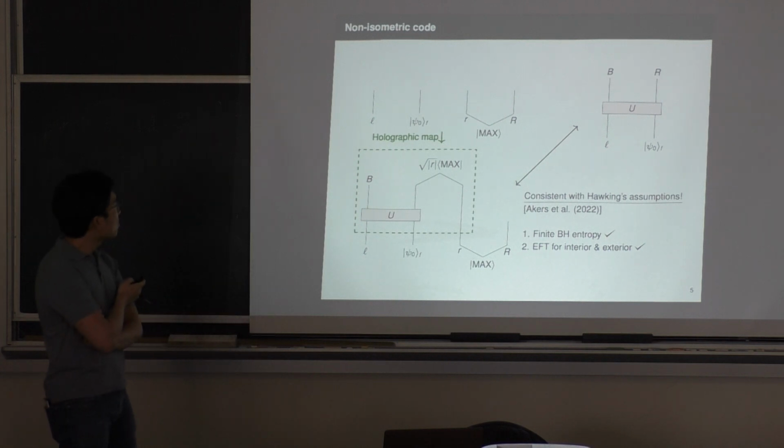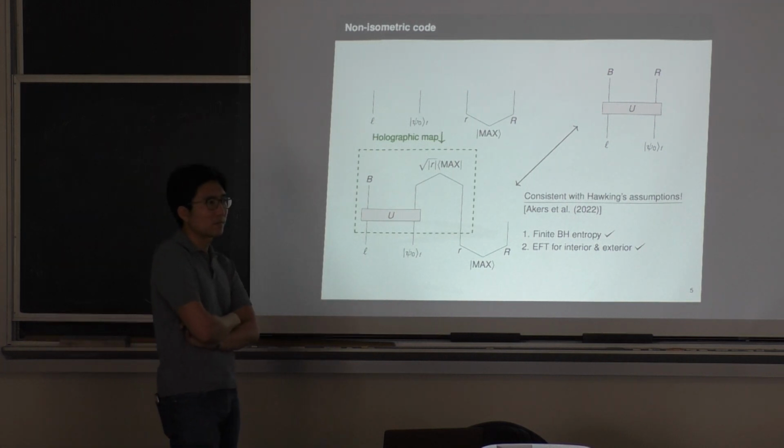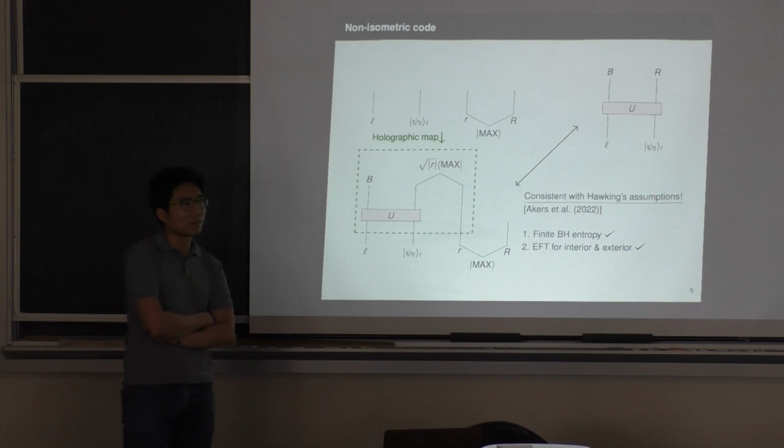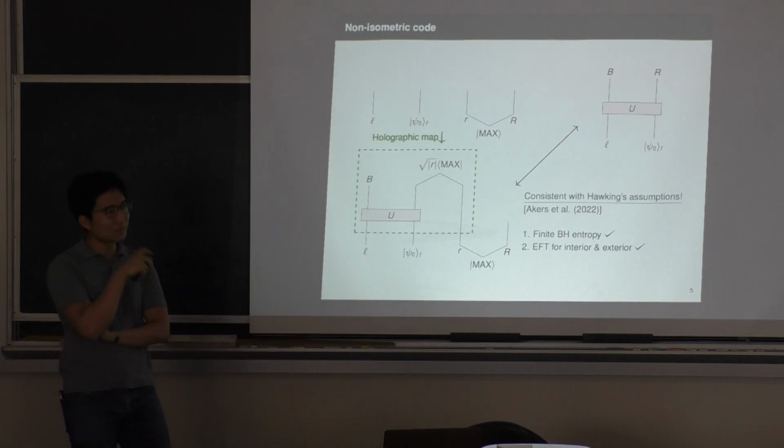Right. Well, at least in this effective picture, I don't see. Let's see. So I think that, at least when I talked to the authors of this paper about it, their answer would be that then there is no effective picture.